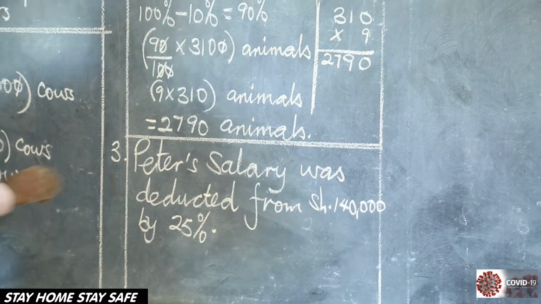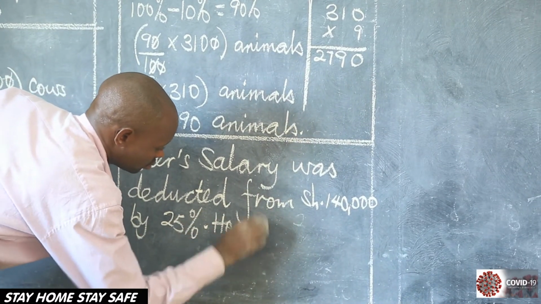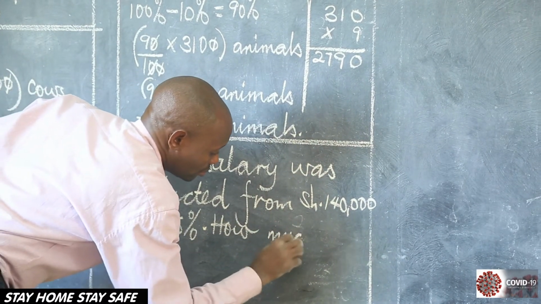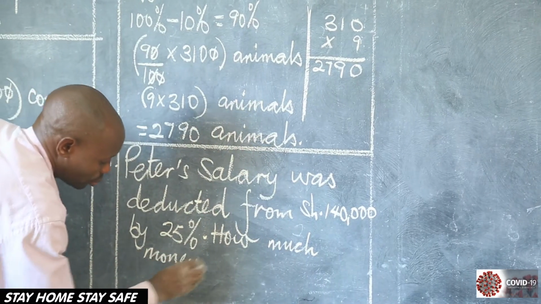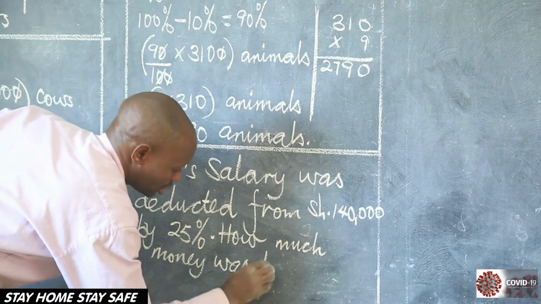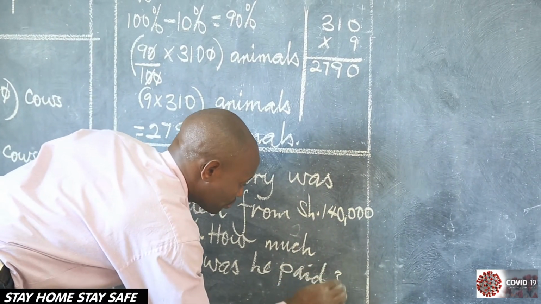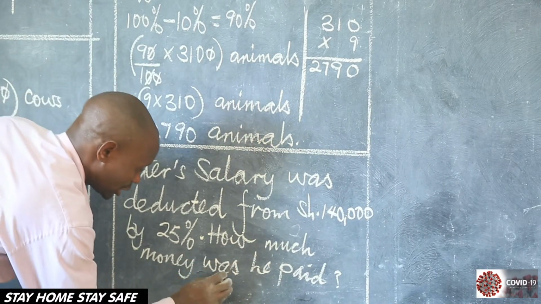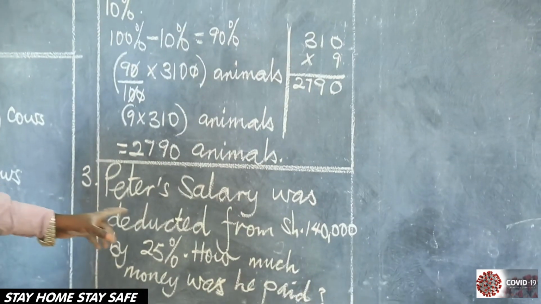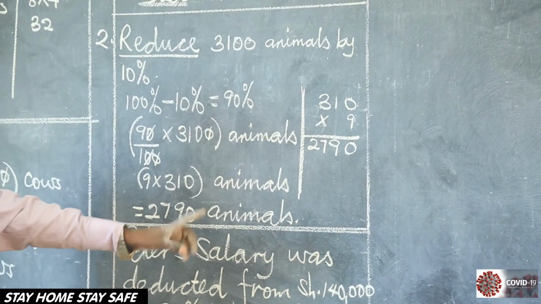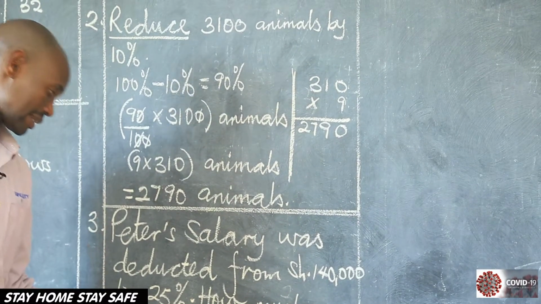And now my question is, how much money was he paid? Peter's salary was deducted from 140,000 shillings by 25%.